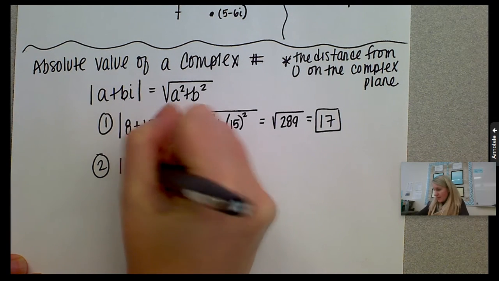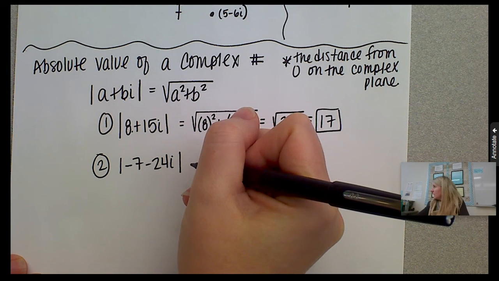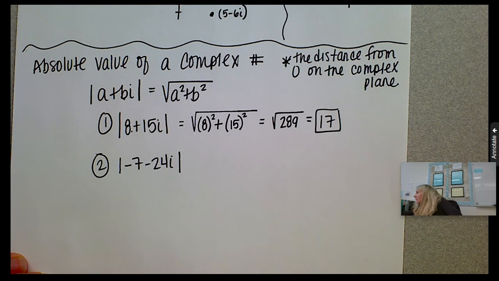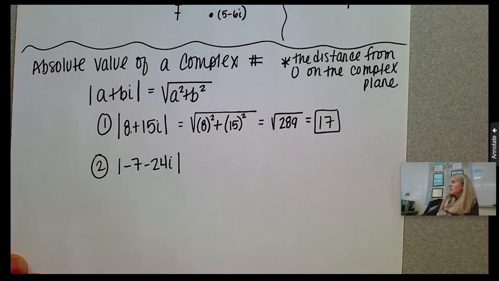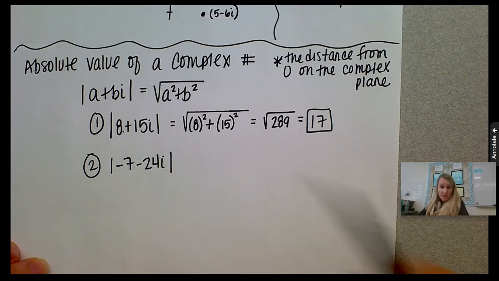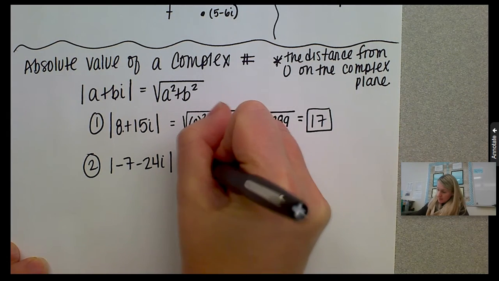So if I said -7 minus 24i. Once again, a and b, throw them in. You're going to do the square root. Just be careful, it's -7 squared.